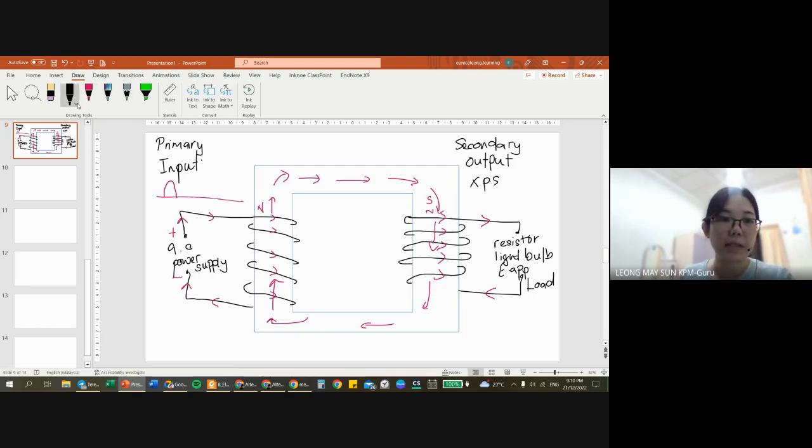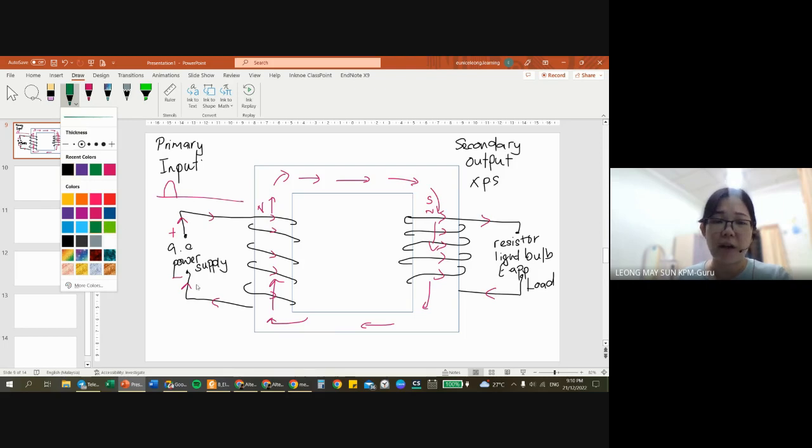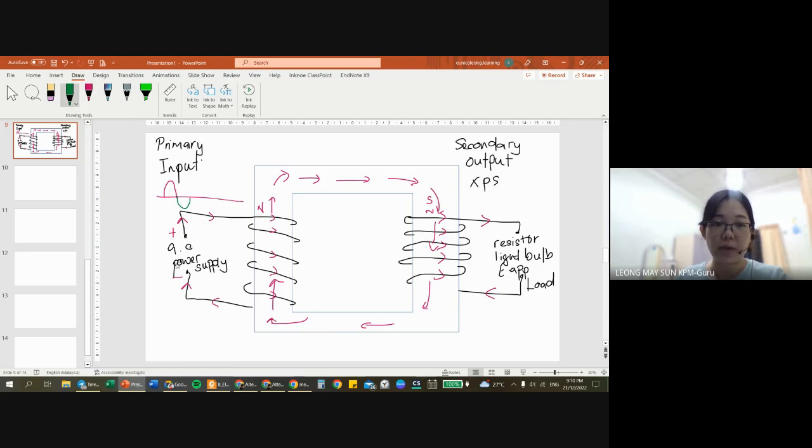Then what happens next is that it changes direction. Because it's alternating current, it will change the power supply to the negative part. So here is positive, here is negative right now. So when this happens, current will flow in the opposite direction, the green color lines right now, to go back to the negative terminal. An opposite direction magnetic field will be produced by the primary coil, passing through the core, disturbing the secondary coil.